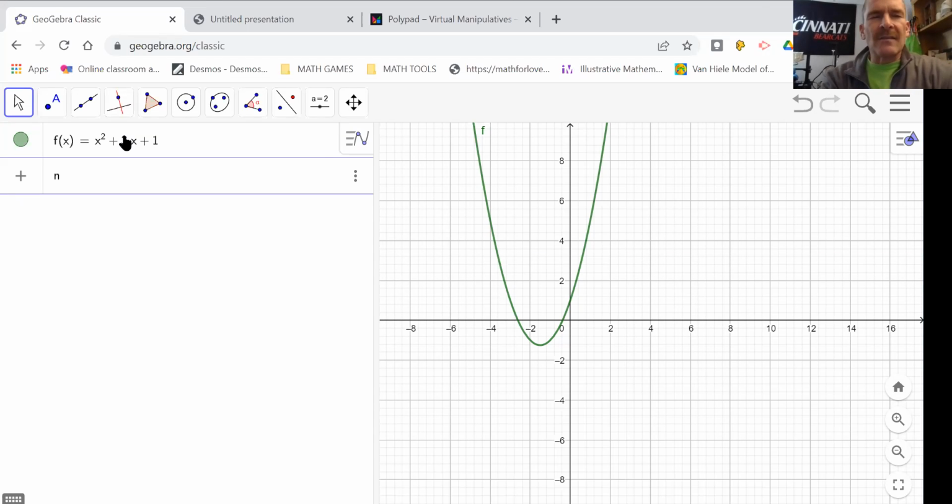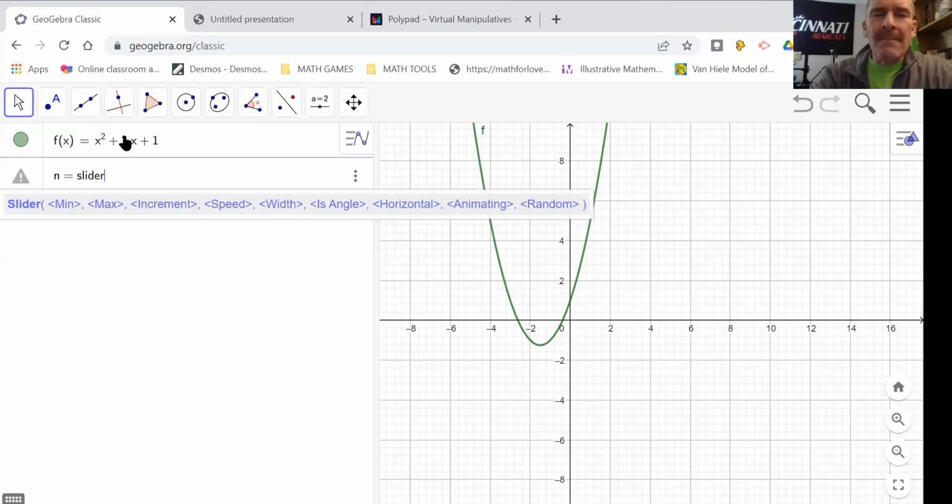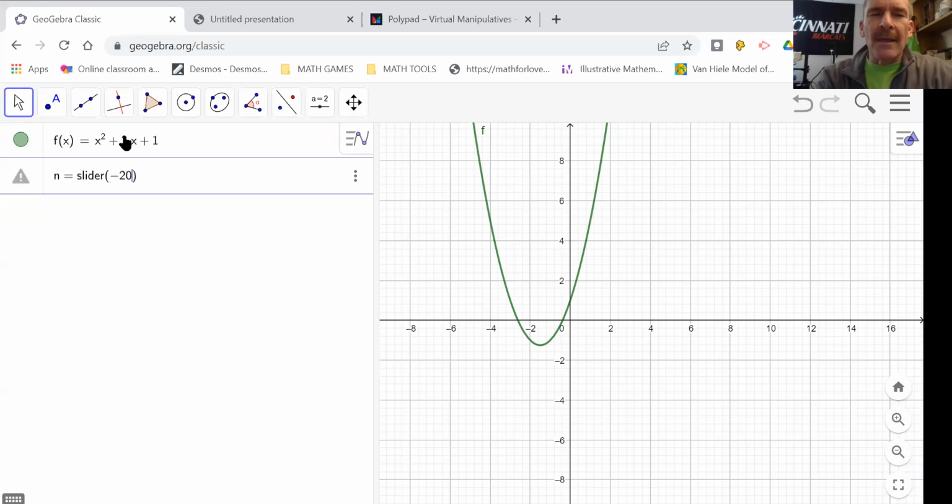So I'm going to create a slider called n. I just really enjoy using the slider command because I'm just geeky like that. So I'm going to go n equals slider, and I want my minimum value to go from, say, -20 and my maximum value to go to 20, and for right now, I'll have my slider go in increments of 1.